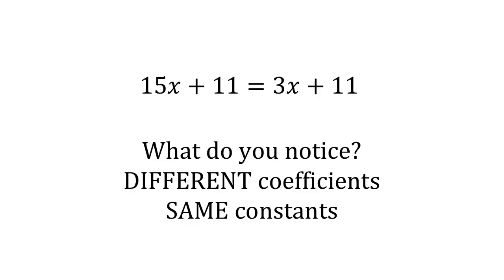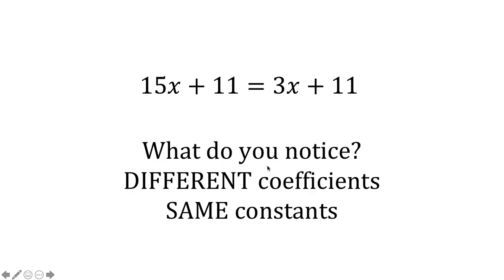Now you might be saying, isn't that what we already saw for some of the other ones? No, it's similar but different. With infinite solutions, you need to have the same coefficients on both sides and the same constants. For no solution, you needed to have the same coefficients on both sides but different constants.